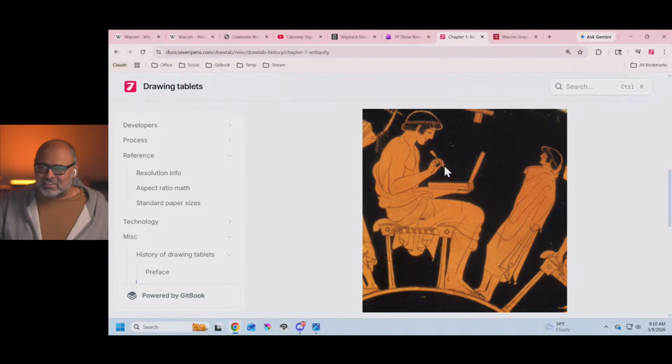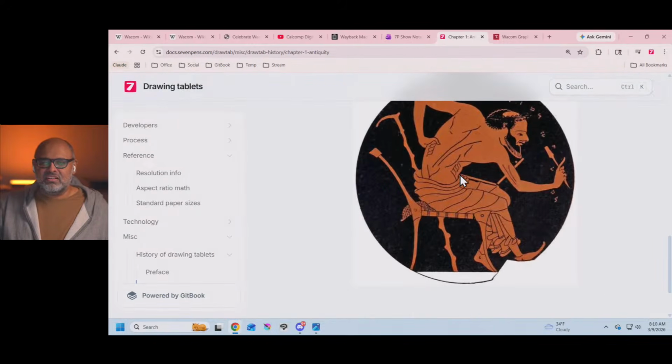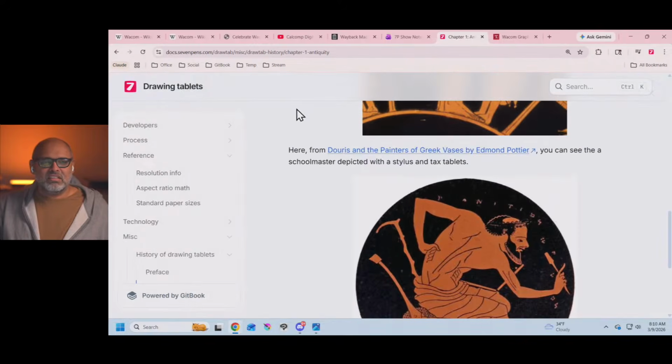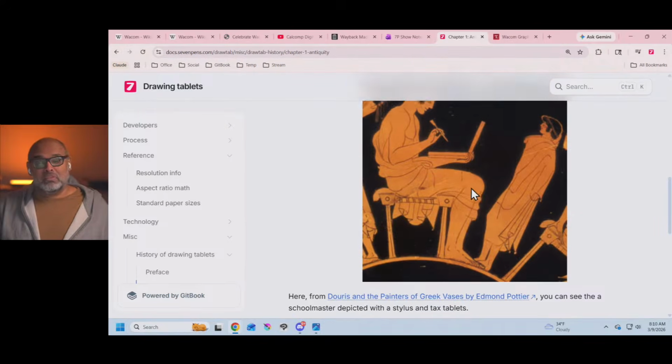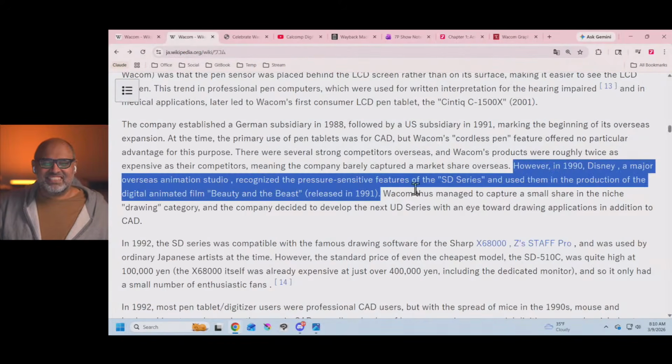You know what I'm saying? It looks like he's using a modern tablet or a laptop. It's not. It's one of these devices. Right? And here's another stylus. So I am writing an article. Well, I am writing my history of drawing tablets, but I'm starting from ancient times. Okay?